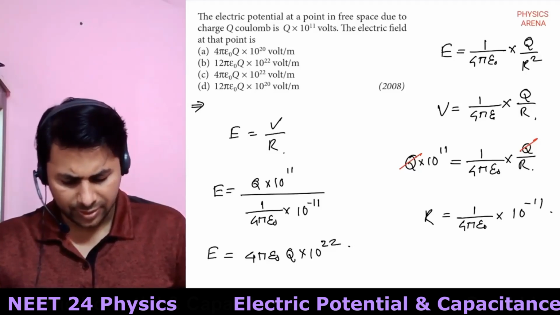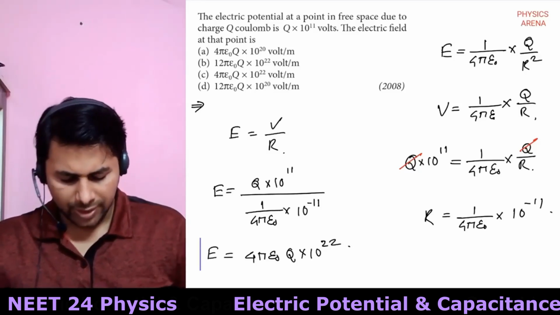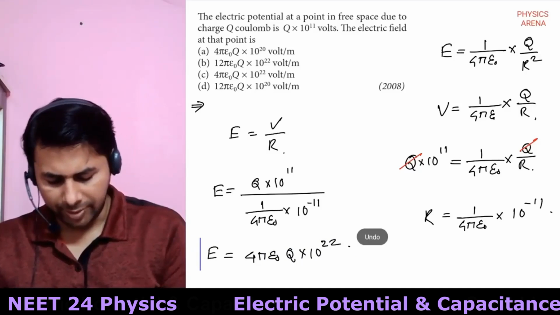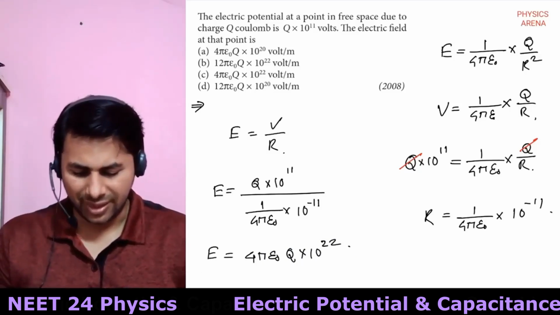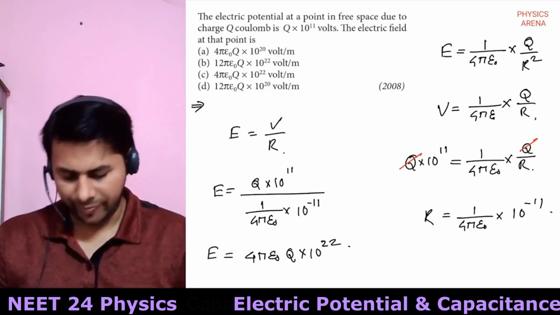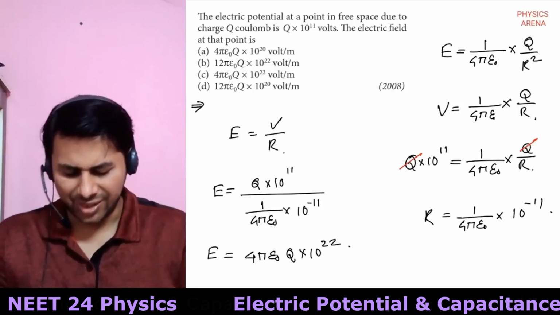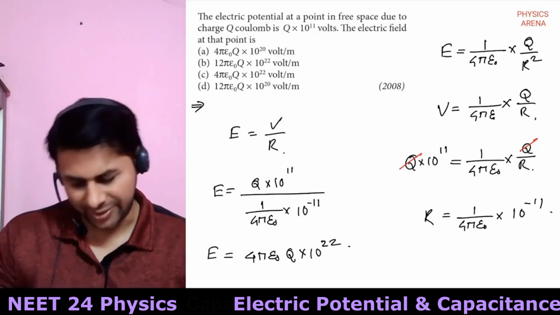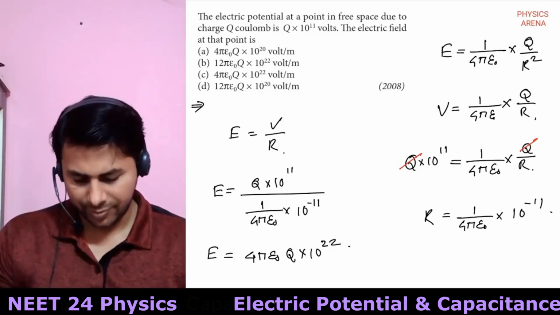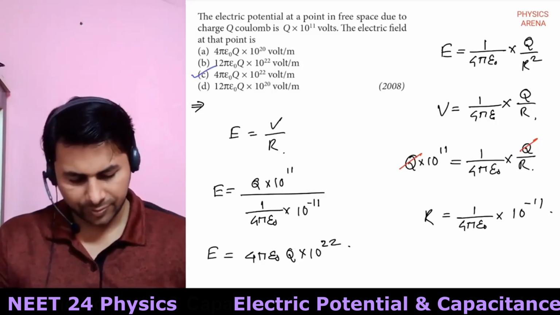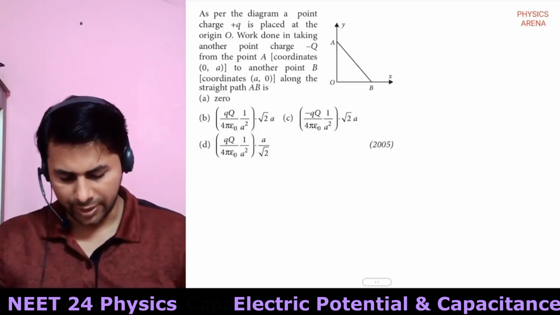This is the answer. There is nothing in this one, because one thing is given and the other we have to find out. It's just sleight of hand, you can say. So what is the answer? Option C. Okay, let's see the next one.